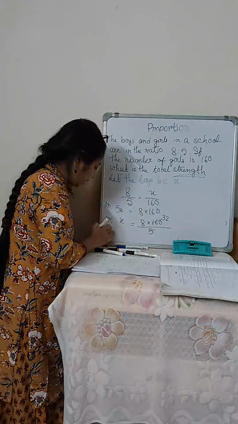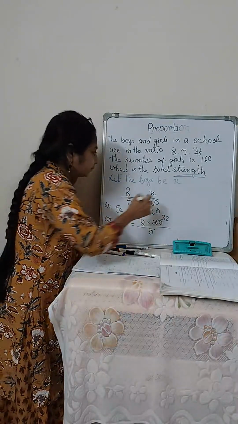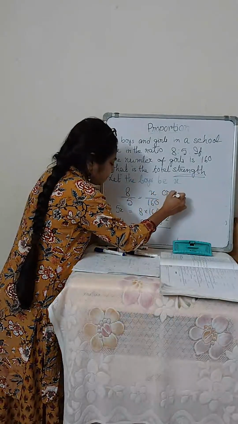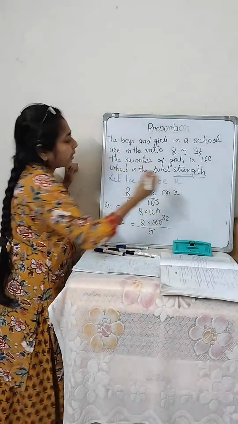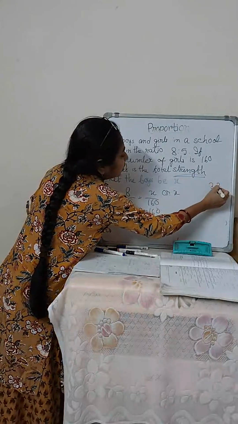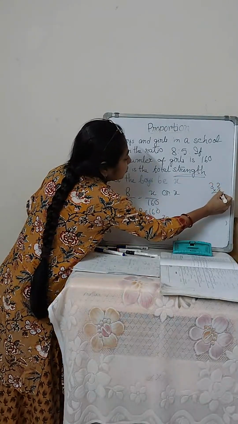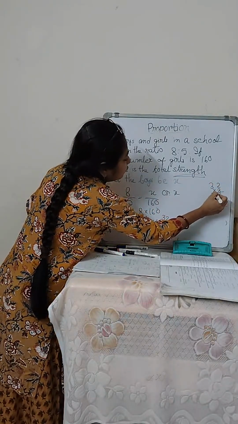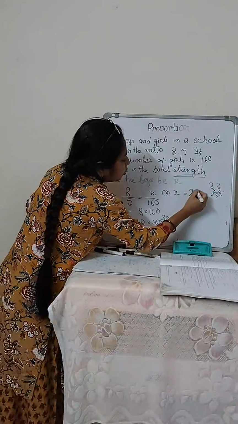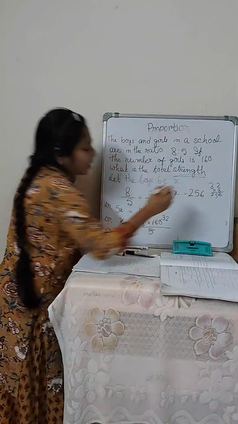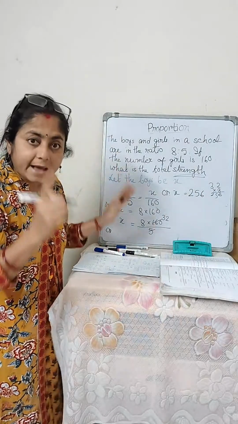So X is 32 into 8, which is 256. 256 boys. But this is not the answer.